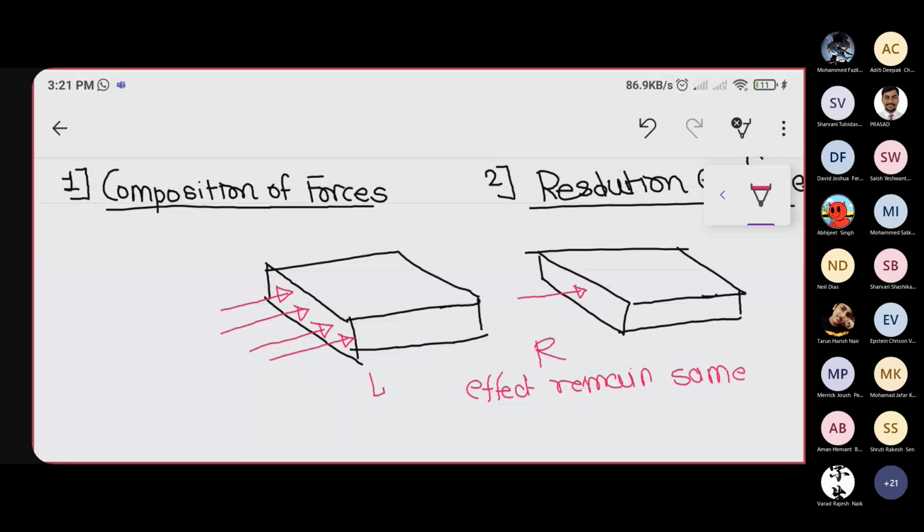Then that single force is called the resultant force. It is denoted by capital letter R. So what is resolution? That I will explain afterwards. Resolution is nothing but this: whatever one force is there, it is divided into a number of forces.